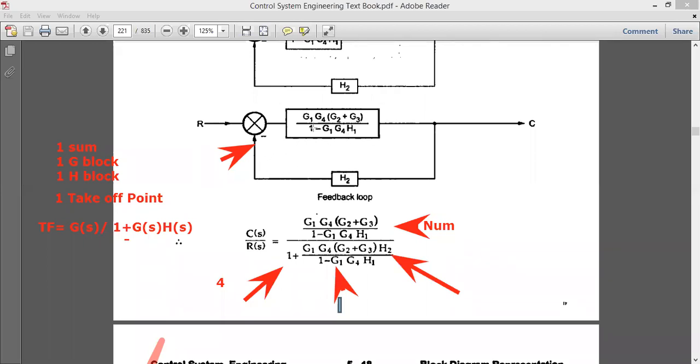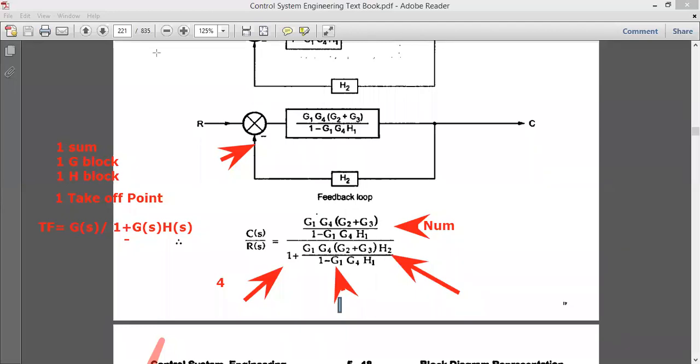So that is how it should have one summing point, one takeoff point, one block of H, one block of G. So how to write the formula? First write the G block answer. Put a divided by. Then write first 1, then plus. Then write the G block as it is once more, then write the H block.